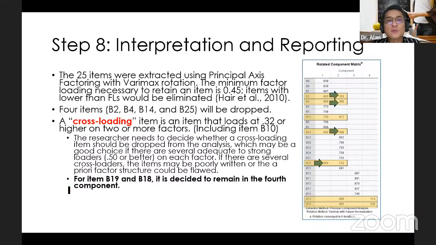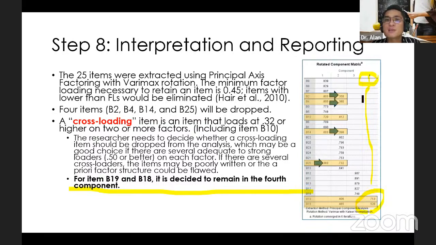So at last, we decided to retain B19 and B18 in the fourth component. Why? My first judgment is that this one is more than 0.5. The second judgment is that if I delete this one, then there would be no more items to measure component number 4.